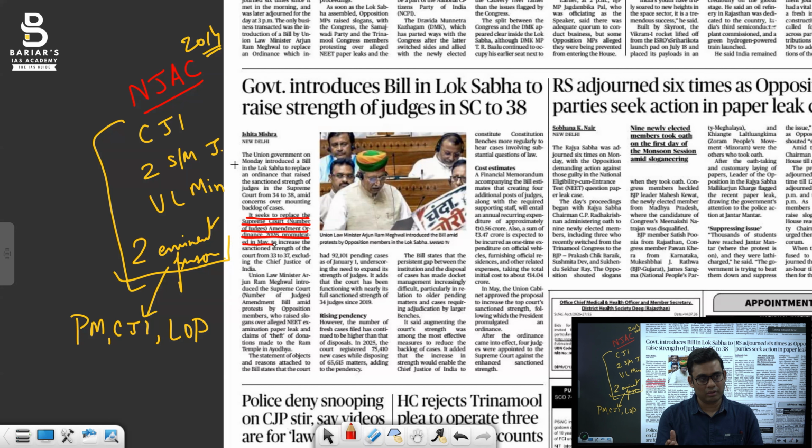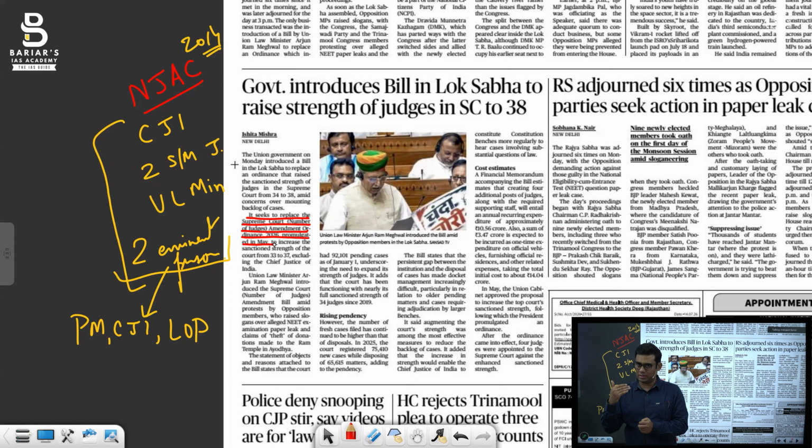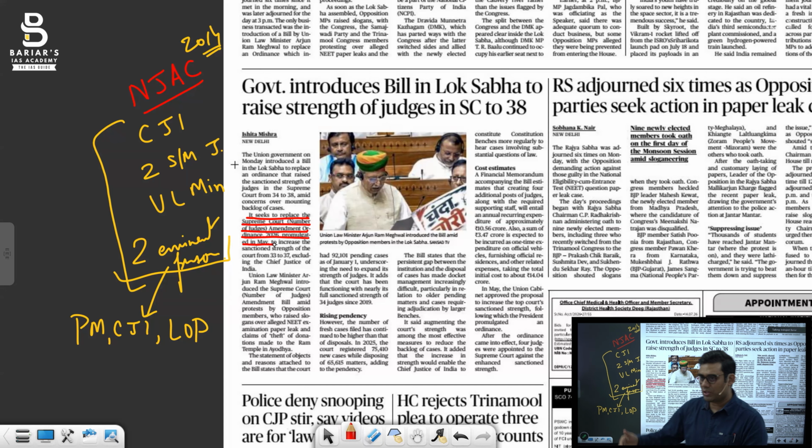When the parliament reassembles, within 6 weeks, you have to get the ordinance passed, which means you'll have to present a bill, which is what government has done now. They promulgated an ordinance, and now as the session reassembles, they have presented it as a bill. And within 6 weeks, you will have to get it passed. Otherwise, the ordinance automatically lapses.